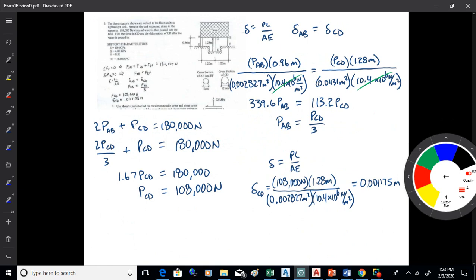So delta is PL over AE. I can put in the load for AB, its length, divide by its area, and divide by E. Do the same thing for PCD, because I know that the deltas are the same. So what I can end up with when I work through that is that PAB is equal to PCD over 3.